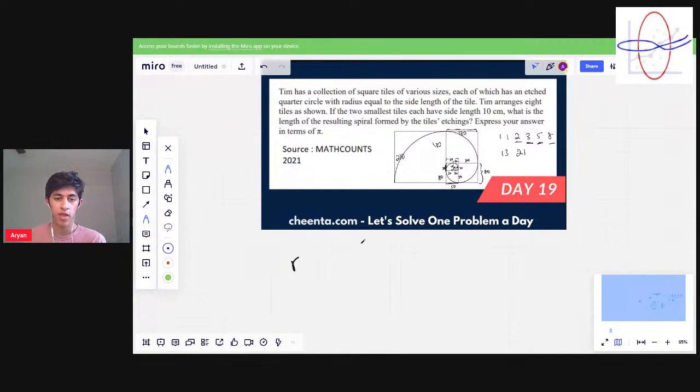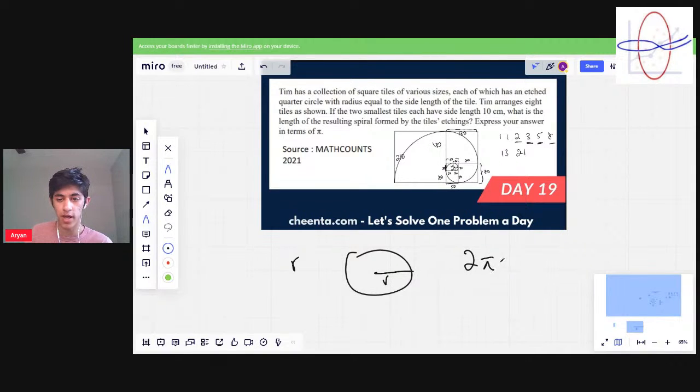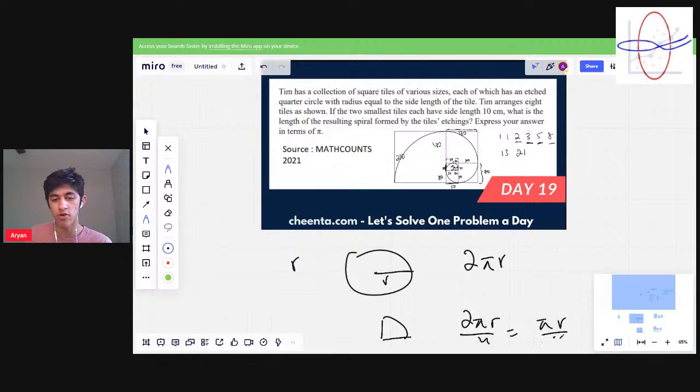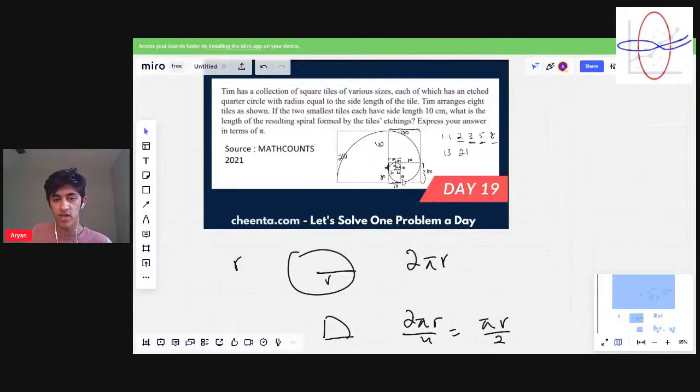Let's figure that out. If you have a circle with radius r, the circumference would be 2 pi r. So a quarter circle, which is just 1/4 of this, would be 2 pi r over 4, or just pi times r over 2. Given our radius, we can find the length of the arc to just be pi over 2 times that radius. So rather than finding each arc individually and then adding it up, we could think about it more generically.